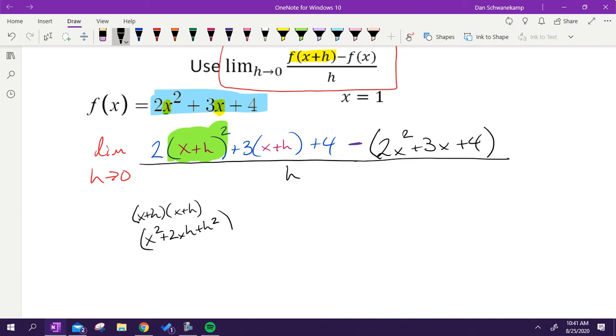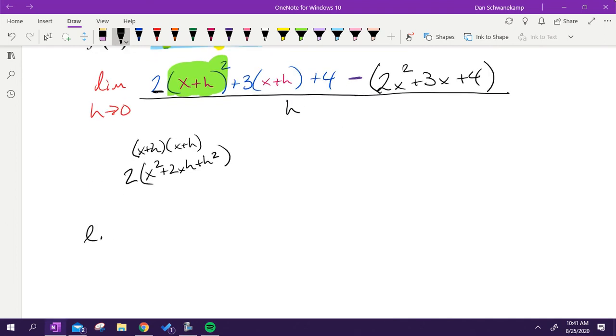But don't forget, you still have this 2 in front as well. So now I'm going to do this setup, the limit as h approaches 0. Distribute that 2 to this newly formed expression. You get 2x squared plus 4xh plus 2h squared. And then you still have all of that.